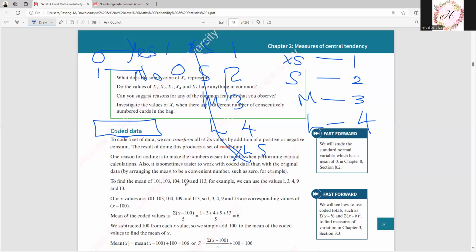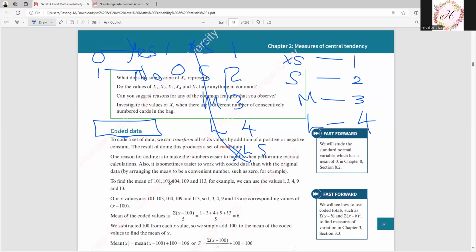They have neglected the first digit, not the middle digit. In all of 101, 103, 104, 109, 113, the first digit is 1.